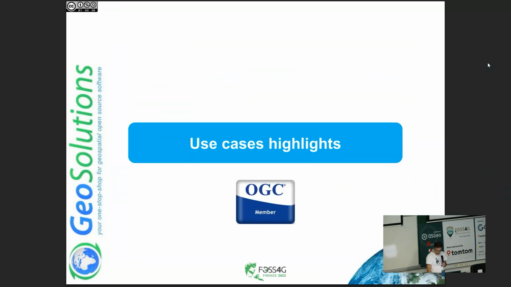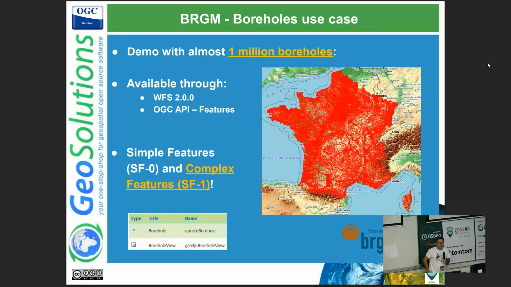Some use cases, and then I'm done. First use case from the Bureau de Recherches Géologiques et Minières, from France. They have 1 million boreholes. They make them available through WFS and OGC API Features, and they want to have the boreholes described both as simple features and as complex features.